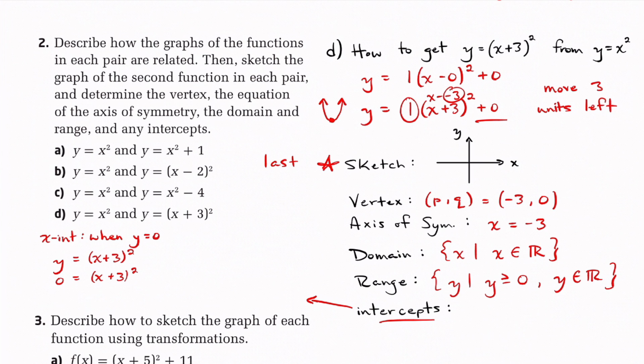Now I can instinctively look at this and see that I'm going to try to get 0. So if I have something here and I square it, the only way I'm going to get 0 is if this something is 0. 0 squared is 0. So if I put in a -3, -3 plus 3 is 0. And 0 squared is 0. So x is going to equal -3. So that is going to be my x-intercept.